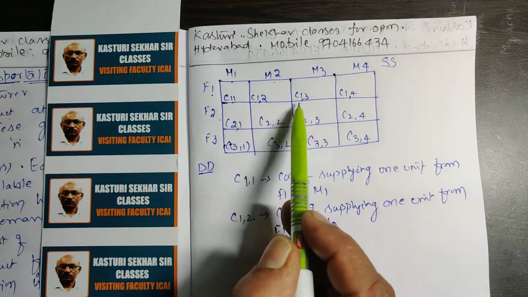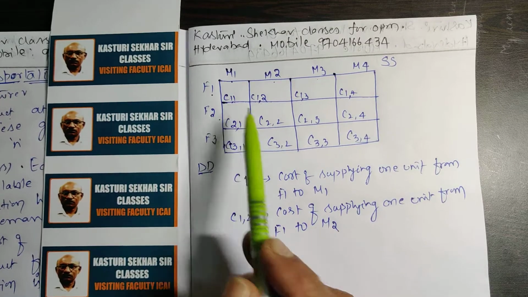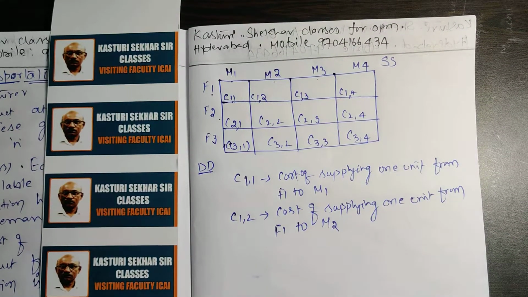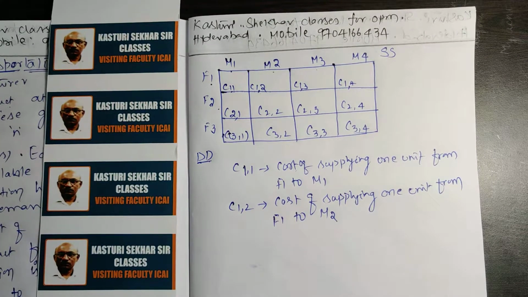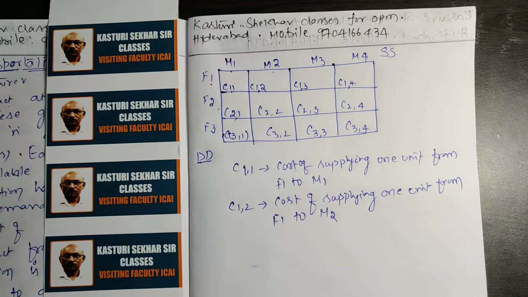C11, C12, C13, C14. What is meant by C11? Cost of supplying 1 unit from factory 1 to market 1. C12 stands for what? Cost of supplying 1 unit from factory 1 to market 2.